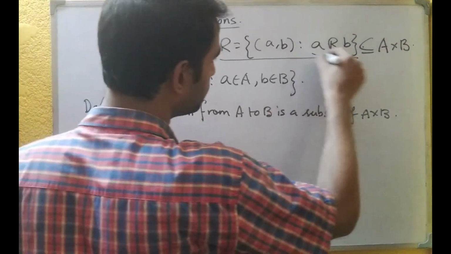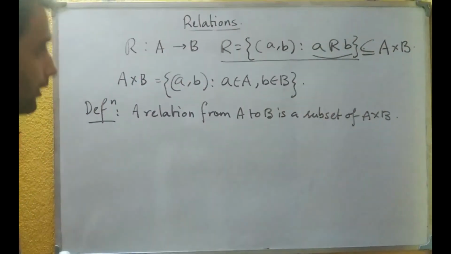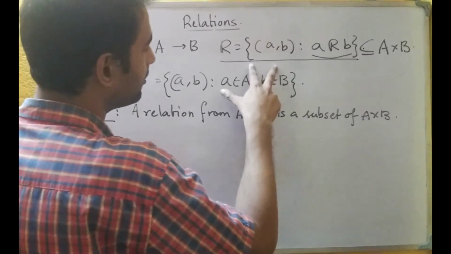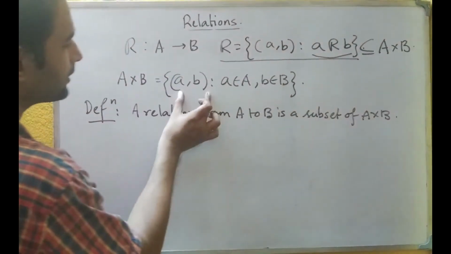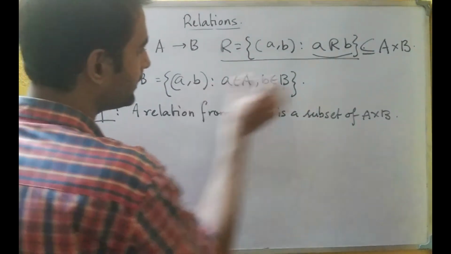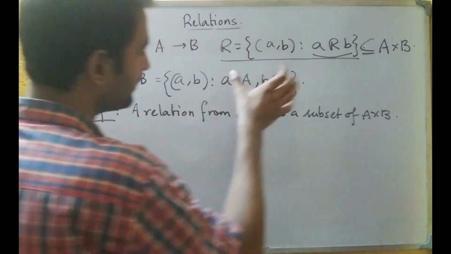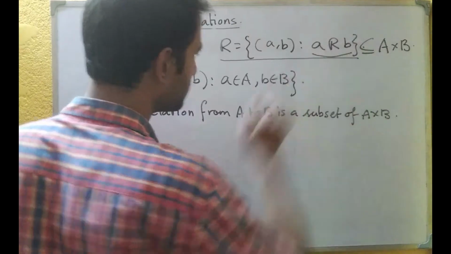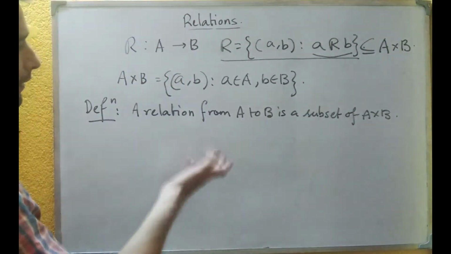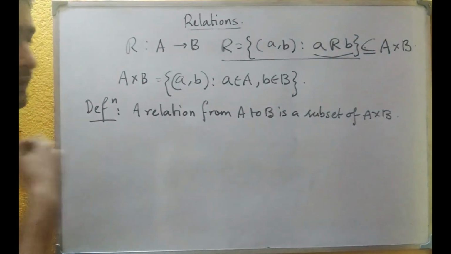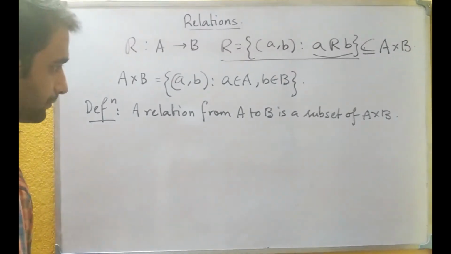With some particular rule ARB. So basically in this set we are considering some of the elements, ordered pair AB, with a particular rule ARB. So we can say that this is a subset of A cross B. That's why we define a relation in this way.